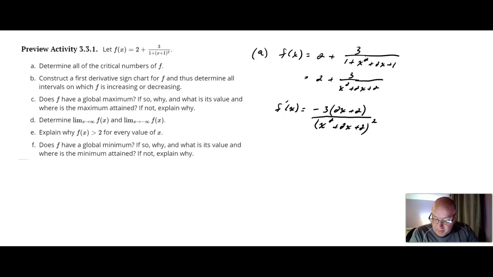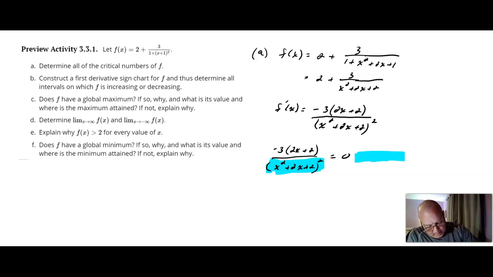Okay, so to find the critical numbers, the first thing I do is set this equal to 0. This is from your pre-calc days: if I have a rational function, which I do here, and I set that rational function, negative 3 times 2x plus 2 over x squared plus 2x plus 2 squared, equal to 0, and I multiply both sides of the equation by my denominator to solve this for x, that means I'm multiplying 0 times that argument, which is just 0.